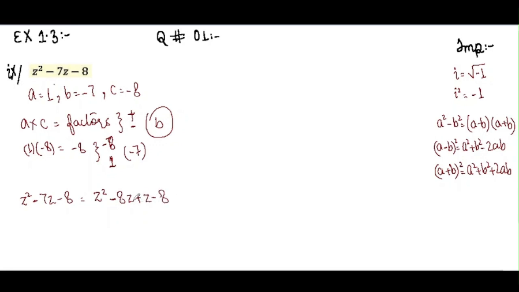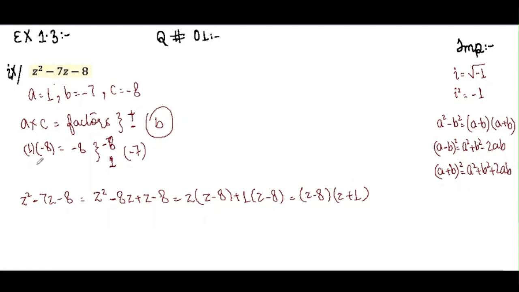Minus 8 plus 1 gives us minus 7, so it is just according to our question. Okay, now taking z as common, we get z minus 8, and 1 as common, so we get z minus 8. Now we can write it as z minus 8 into z plus 1, and here we get two factors, z minus 8 and z plus 1. So these two are the linear factors of this given question.